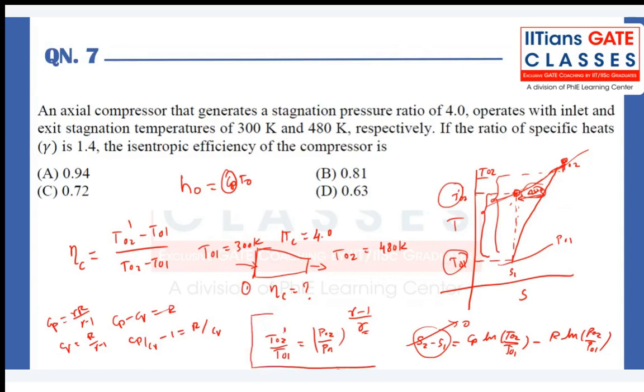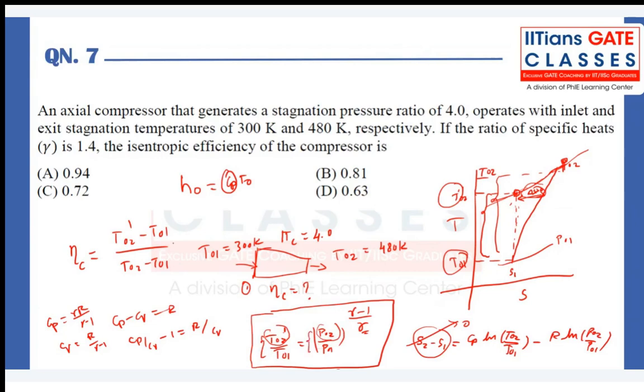So I can use this relation. Note here, this is a virtual point, whereas P02 is the actual pressure at the exit of the compressor. So I can relate this virtual point through an actual pressure rise in the compressor. So that's what we are using here.